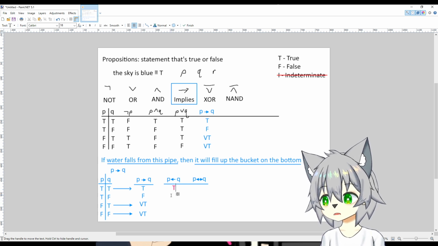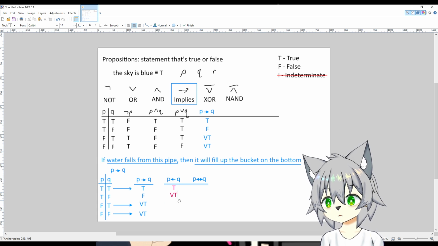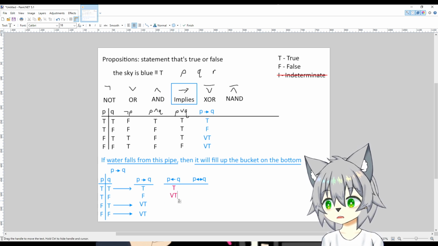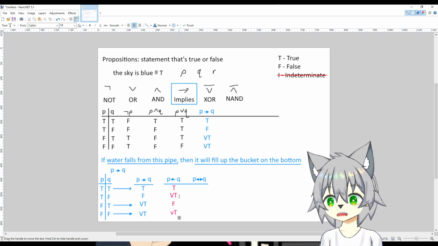And this is false, true, which is then vacuous truth here. You have this, and true implies false, so that's false, and then false, false, vacuous truth.